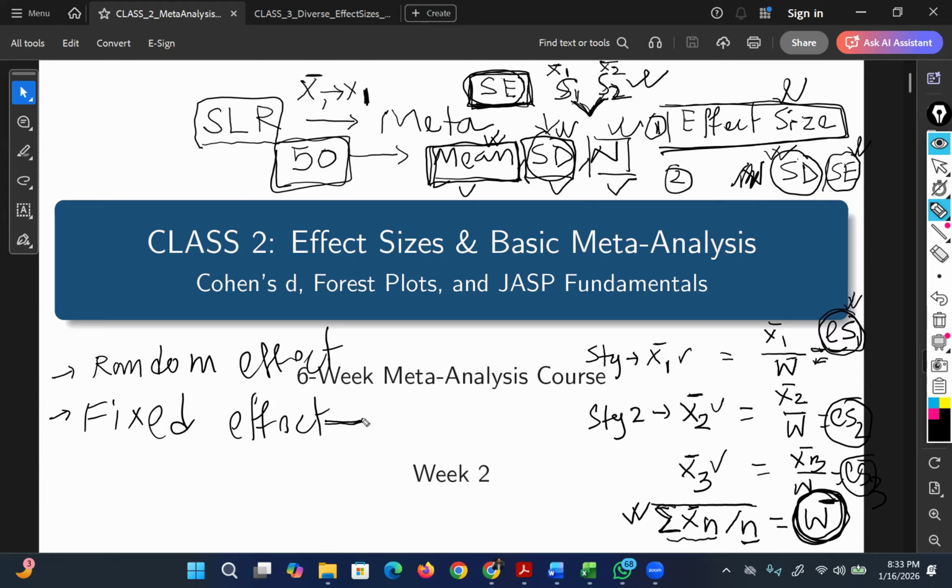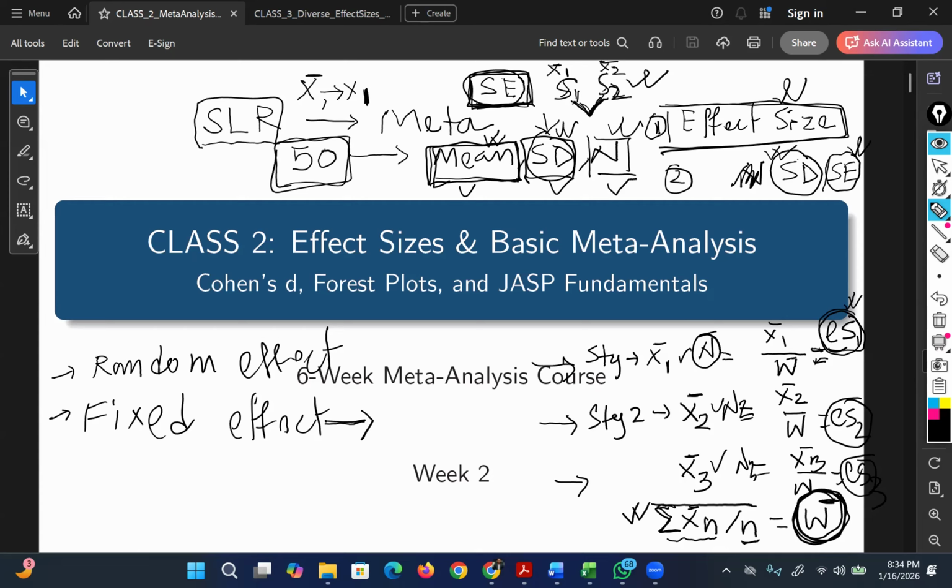Usually the fixed effect method says that from study to study, study 1, study 2, and study 3, there is not much variation. The variation comes only from the sample size variation: sample size 1, sample size 2, sample size 3.